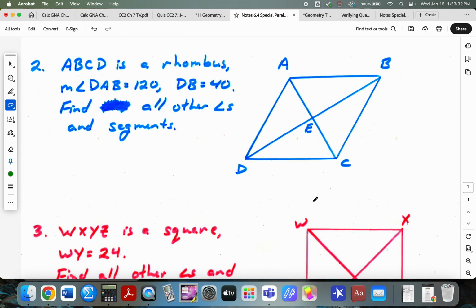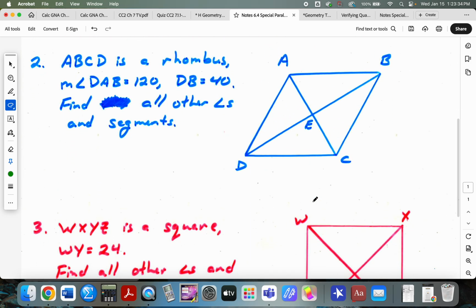Let's take a look at this rhombus problem. Here, ABCD is a rhombus, and the measure of angle DAB is 120 degrees. And the length of DB is 40.